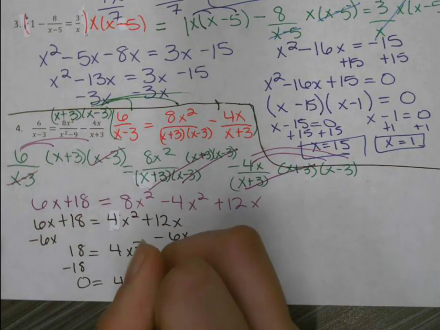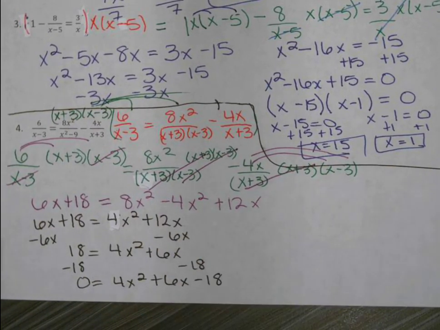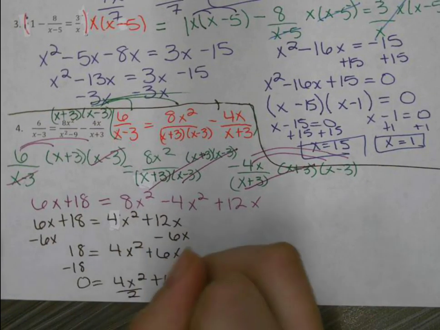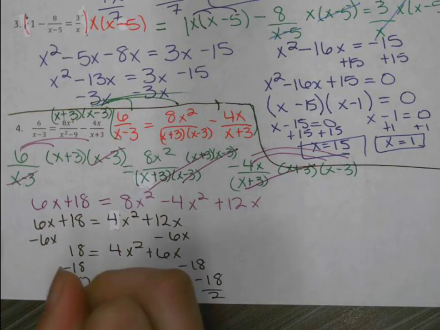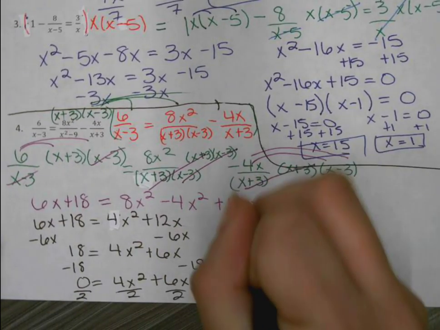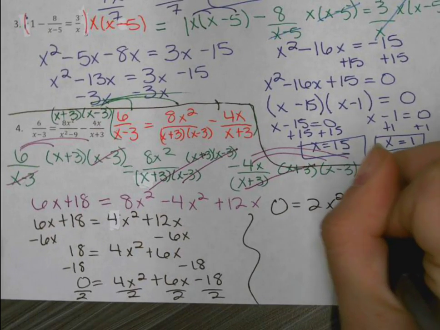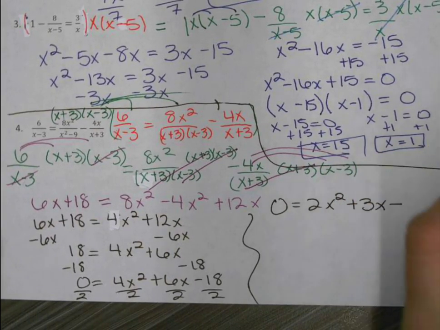Okay, so if I take a look at this, notice all 3 of my terms are even. So I'm going to start by dividing by 2. And if I divide both sides by 2, then I can cancel it out. So I'm going to get 0 equals 2x squared plus 3x minus 9.